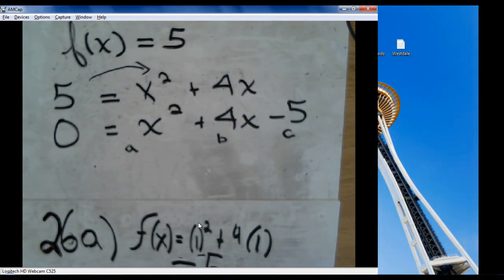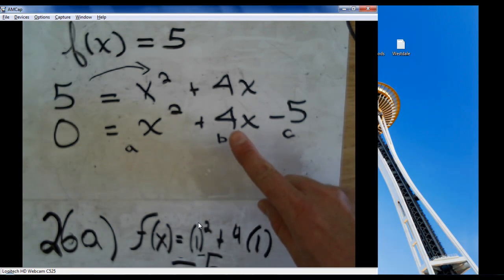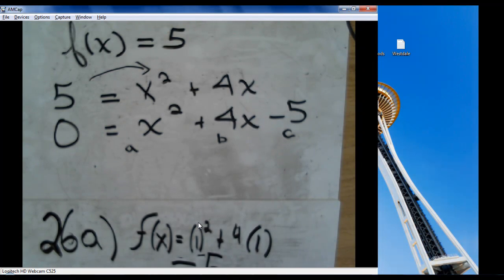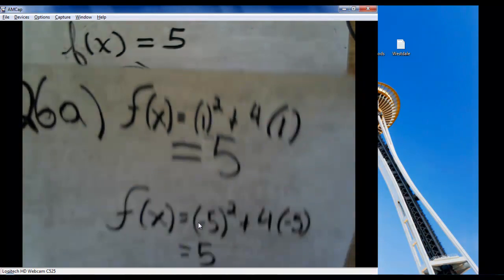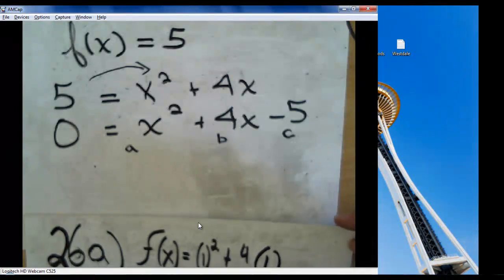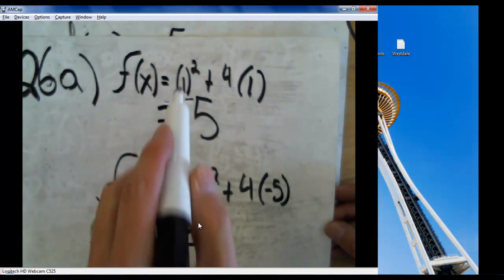Yes. You can use either the quadratic formula, or you could factor this. If you factor this, you need two numbers that multiply to give minus 5 and add to 4. You factor it or you use the quadratic formula, and you'll get 1 and minus 5.